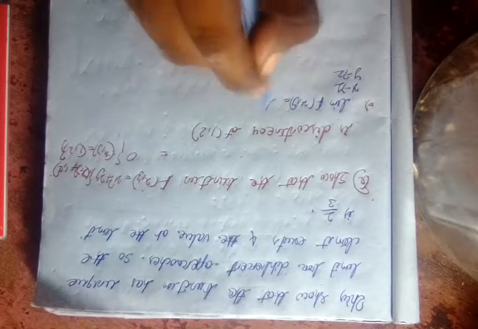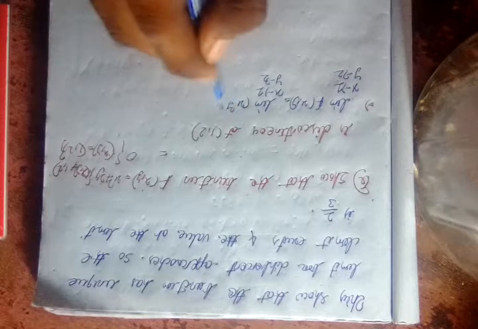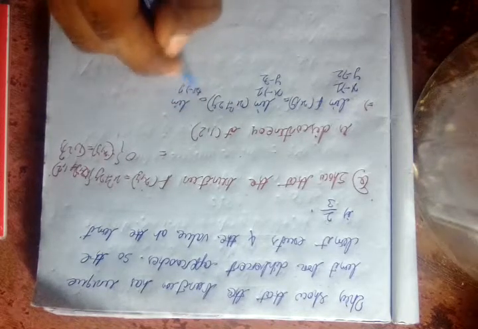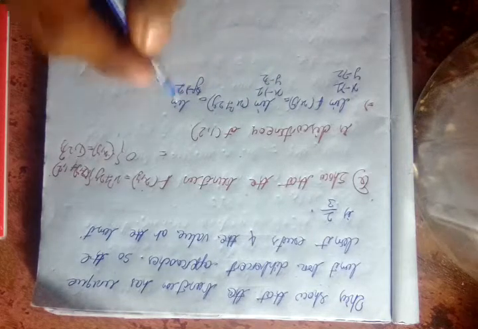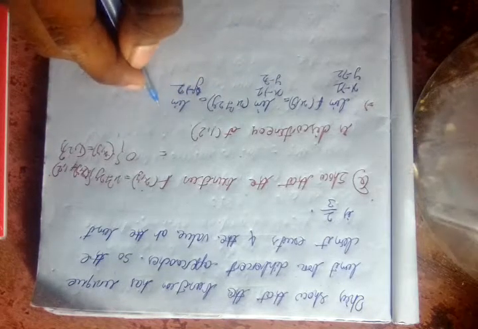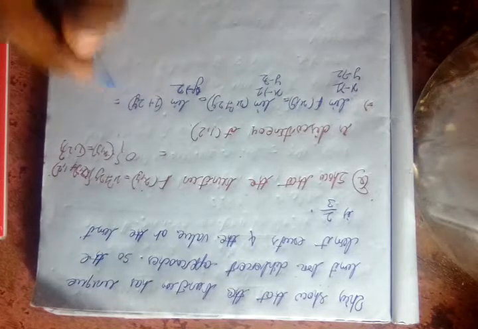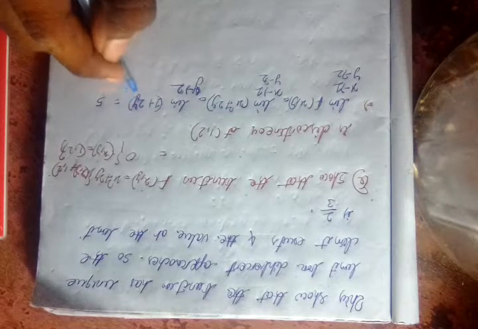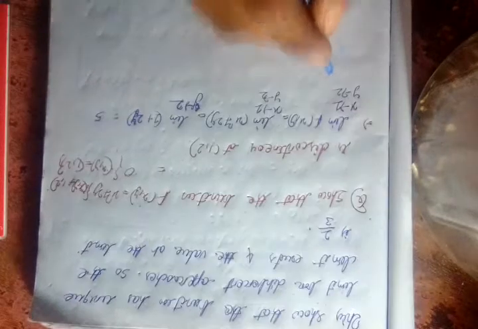Limit x tends to 1 and y tends to 2 of f(x,y) equals limit of x² + 2y. Taking x as 1 with y constant gives 1 + 2y, and putting y = 2 gives 2 into 2 is 4, plus 1, equal to 5.